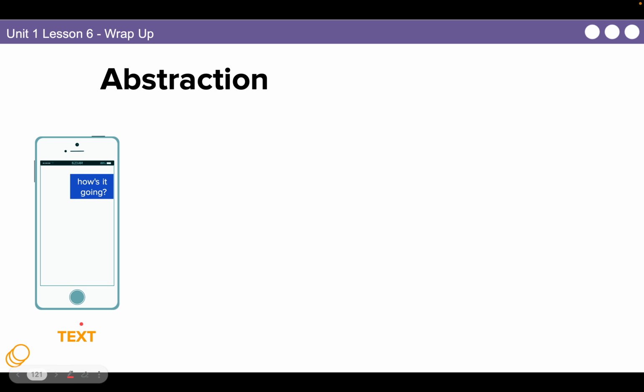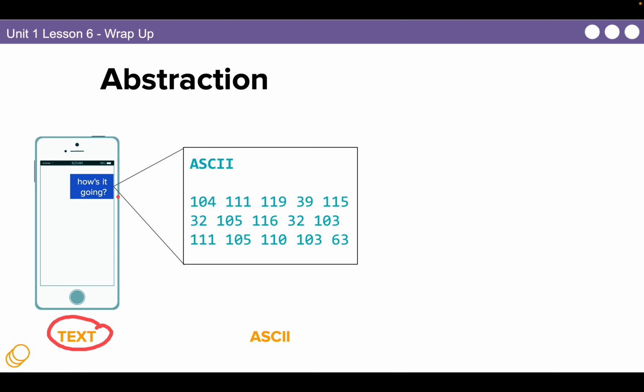Text is a piece of information that we think about on a high level, like when we type a text message to someone, how's it going? That's really all we're thinking about when we type that. But really, it's being stored using this system called ASCII that assigns a number, a decimal number, to each of the symbols that we use. So here are all those decimal numbers for each of the characters used.